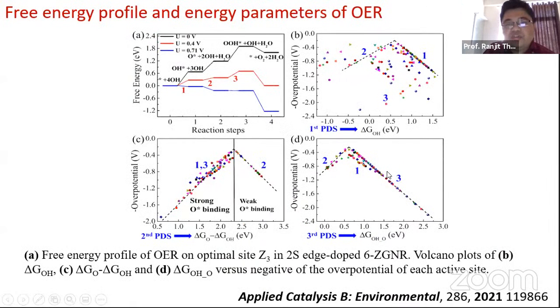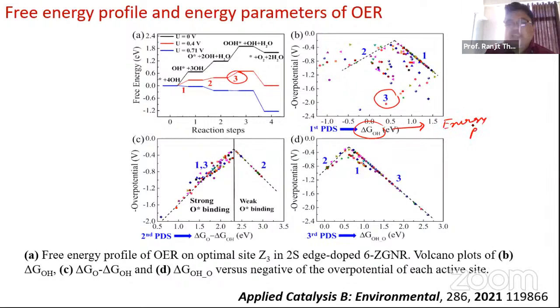Then we found that this is the reaction step. If you see, there are the 1st, 2nd, and 3rd steps, and particularly you can see that the third reaction, the intermediate state, cannot be explained by delta G OH if it is your energy parameter.